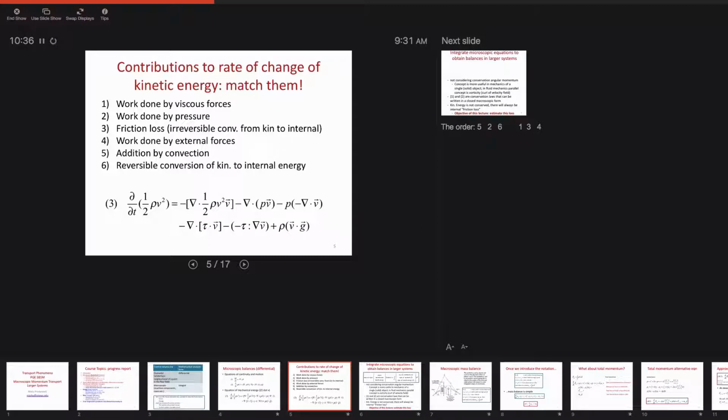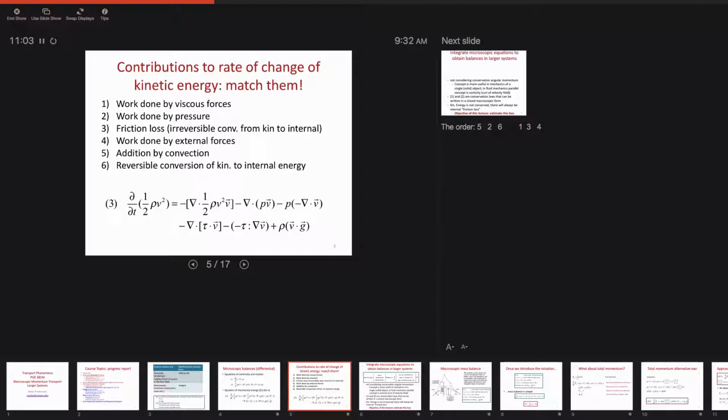One is called reversible conversion of kinetic to internal energy, right? And work done by pressure. Work done by pressure, PV, remember? So this is just the differential form of pressure times volume. Right. Now this term, if you remember, if the fluid is incompressible, this is 0.